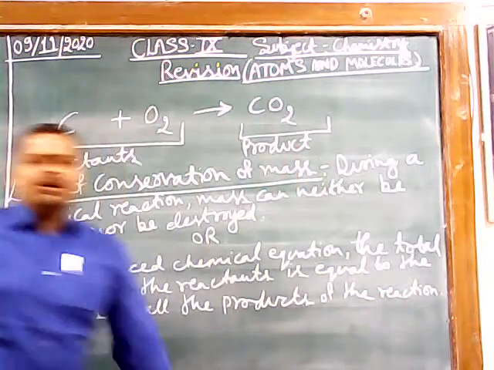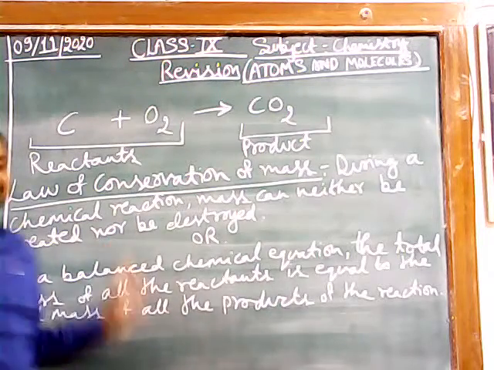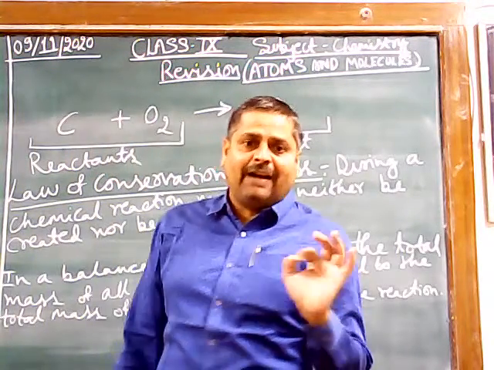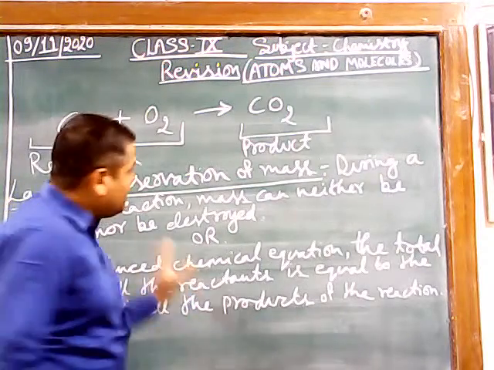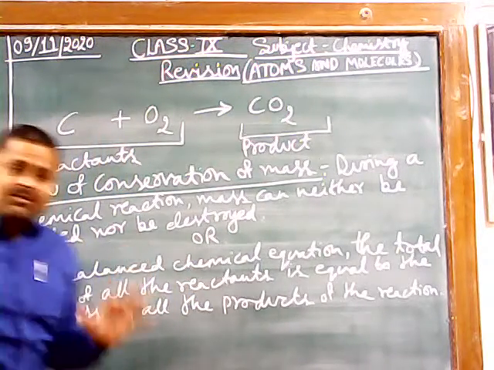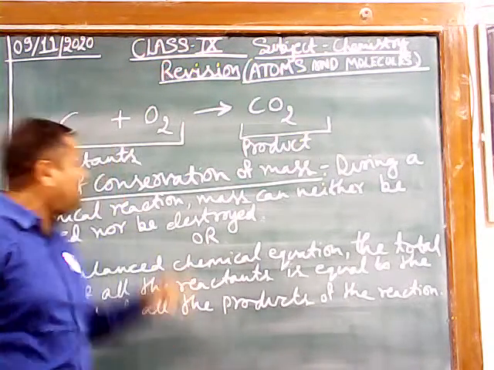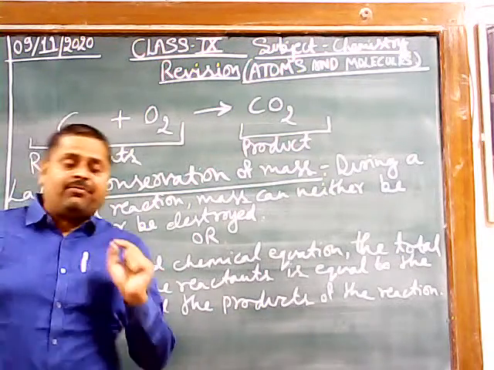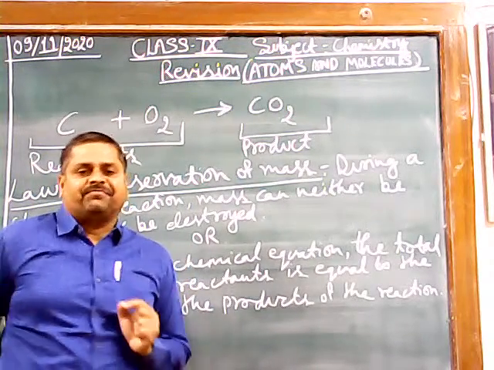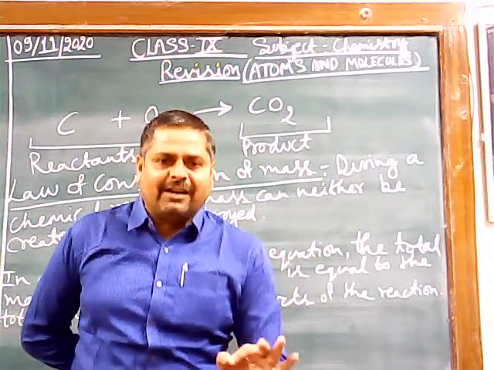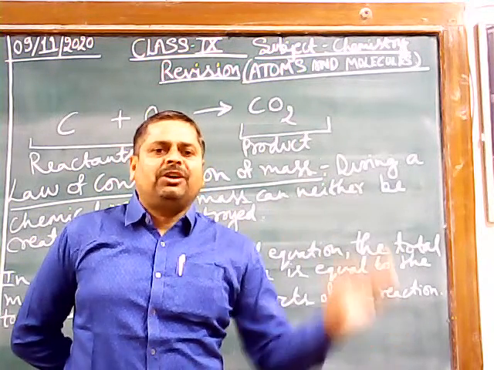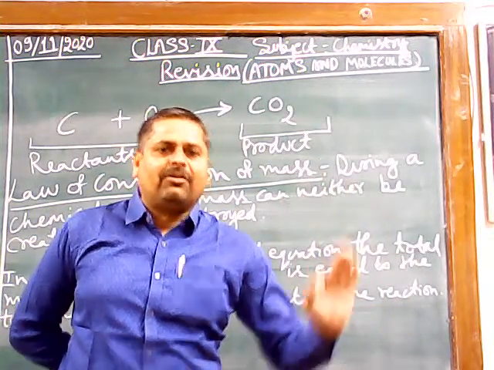Okay, students. So let us understand what is a balanced chemical equation. Balanced chemical equation means the atoms of a particular element on the reactant side should be equal to the atoms of that particular element on the product side.